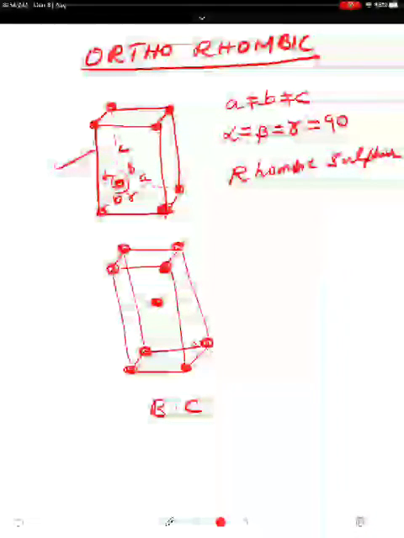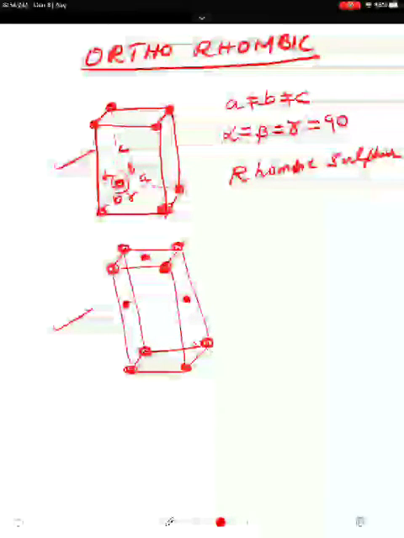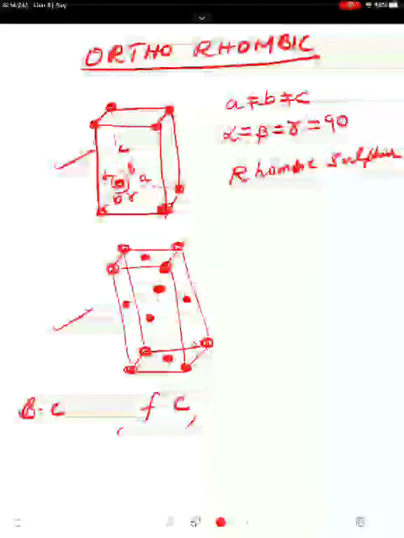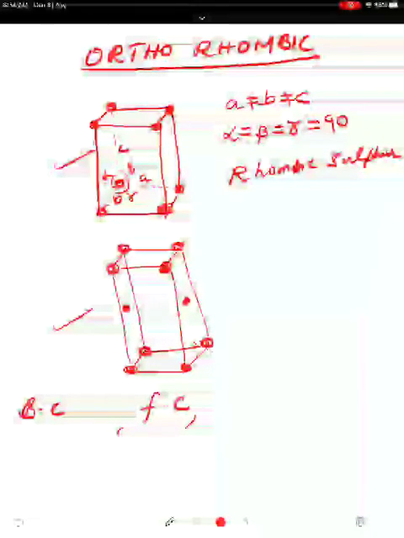So primitive is there, body centered is there, then face centered. The third one is face centered, that is this face center, this face center, front face center, back face center. So 6 faces. Now the last one, the fourth variation, is end centered. End centered means only at this center and this center.